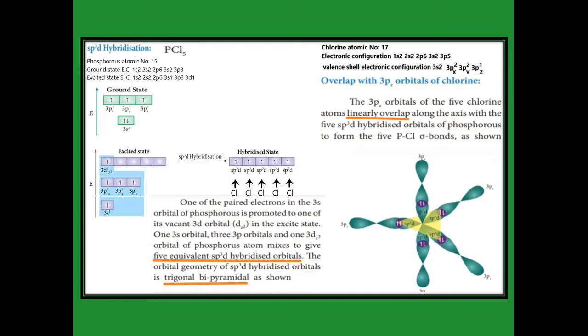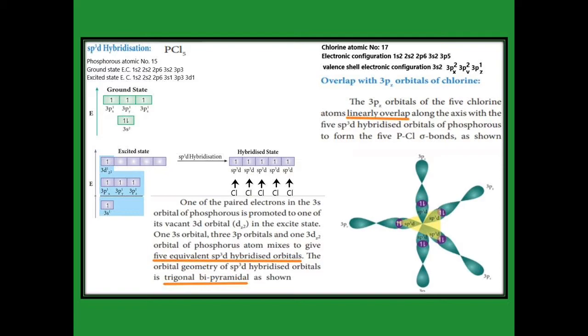You see, the chlorine atomic number is 17, electronic configuration is 1s2, 2s2, 2p6, 3s2, 3p5. In 3p5 the electrons are occupied: 3px 2 electrons, 3py 2 electrons and 3pz 1 electron. That 3pz electron only linearly overlaps with the sp3d hybridized orbital of phosphorus, and they form the 5 sigma bonds around the phosphorus, and they form trigonal bipyramidal.